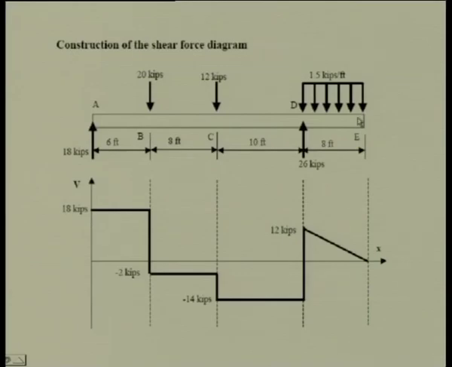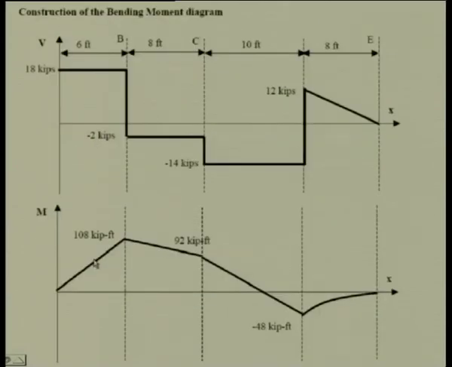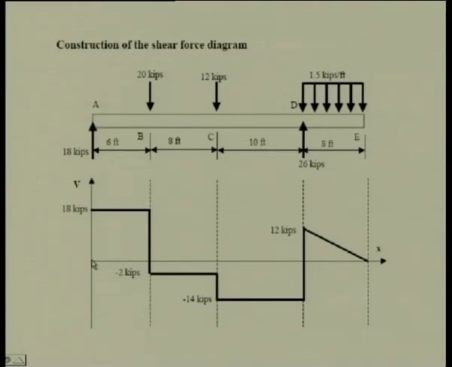Okay. Now, what do we mean by the shear force diagram? If you draw the diagram at this point, here you have, as you can see, 18 kips. From this point A to the point B, you do not have any other force acting.